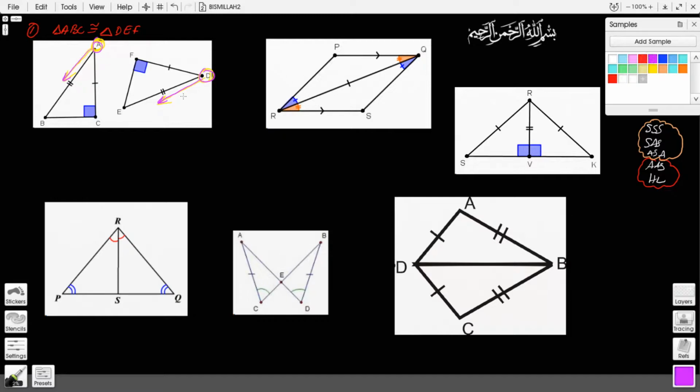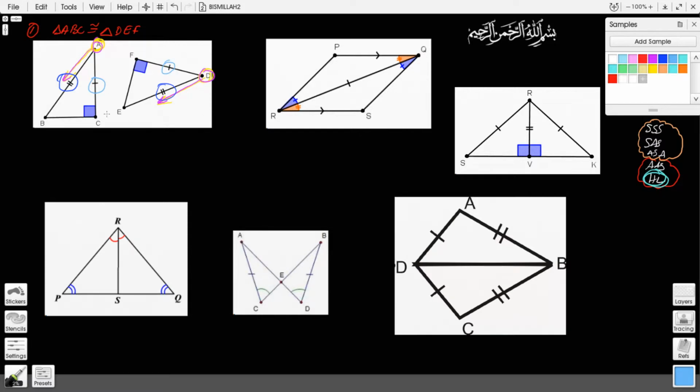Well, I have right triangles here. So the only theorem here that has to do with right triangles is hypotenuse leg. Now this theorem says that if two right triangles, and I have to be given that they are right triangles, and here we are given that, are such that their hypotenuses are congruent, and one of the legs is congruent, then the two triangles are congruent.